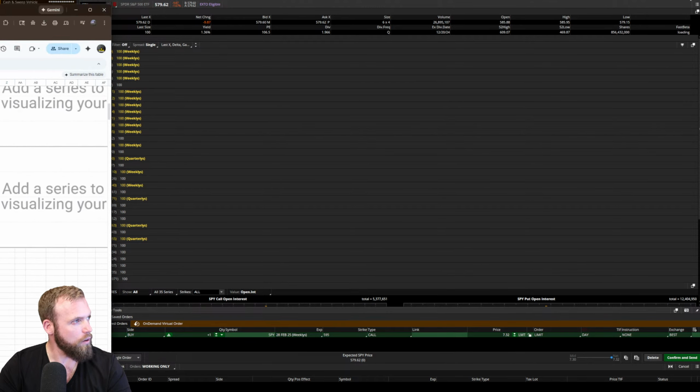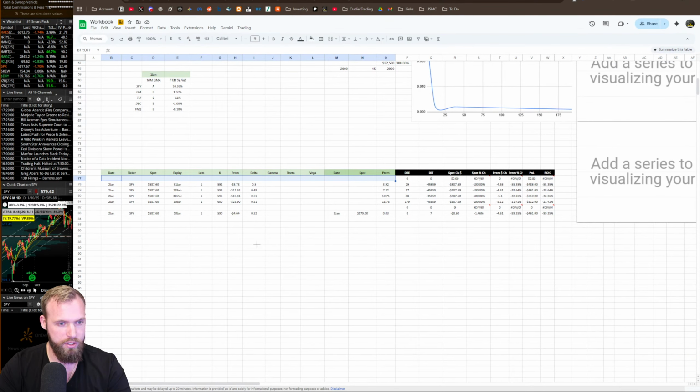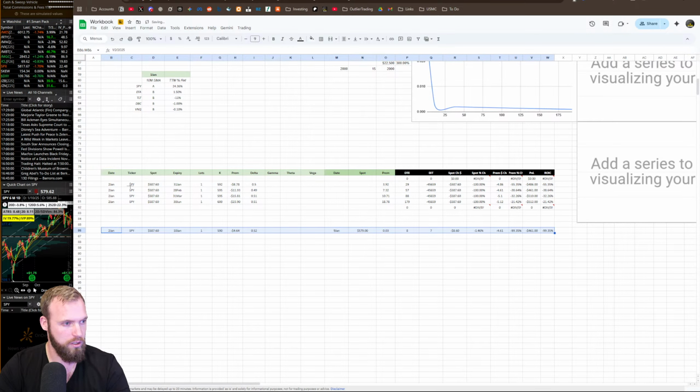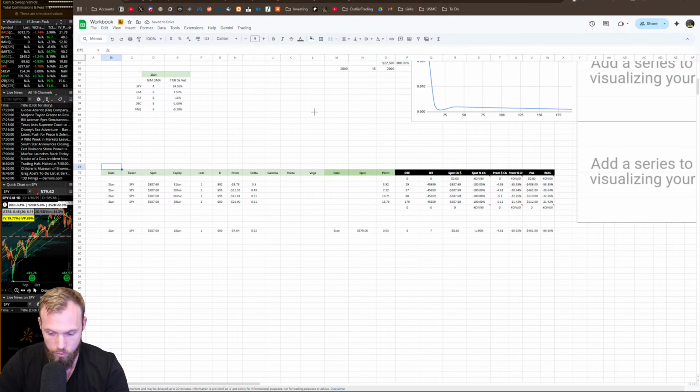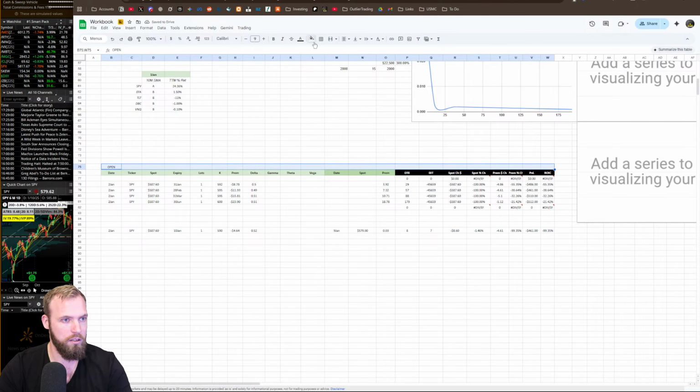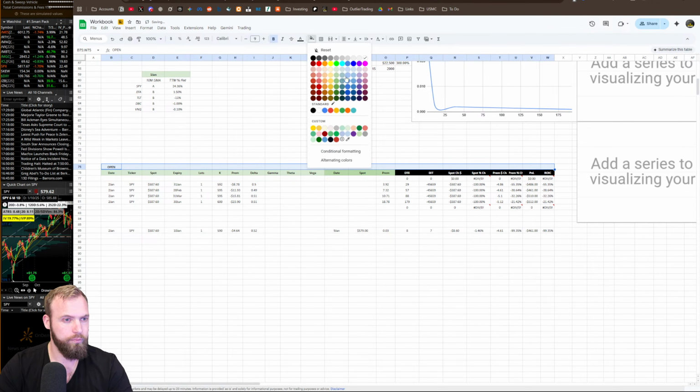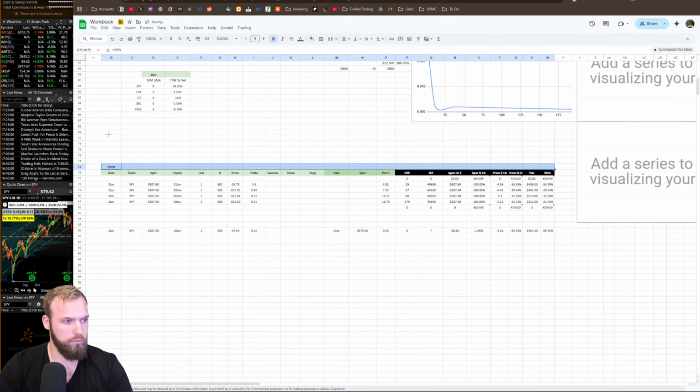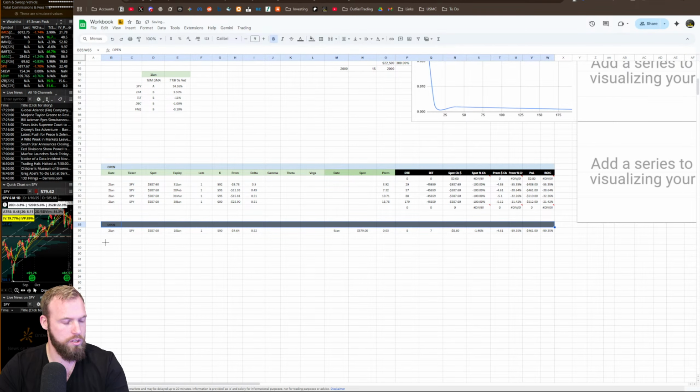What I did now is I took the 7-day down and moved it down here to kind of like a closed section. So this would be the open section in the log. And then this would be the closed section.